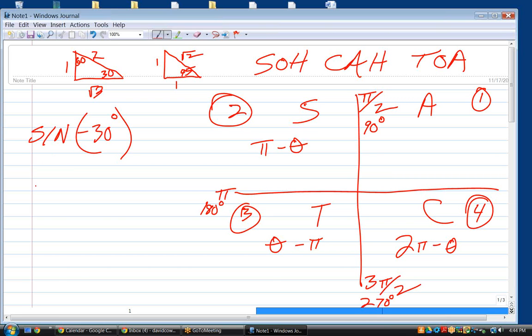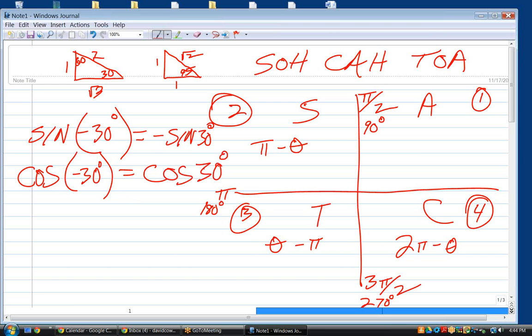And that is the sine of a negative angle is the same as negative sine of the positive angle. Whereas the cosine of a negative angle, because cosine is an even function, that's equal to the regular cosine of that same angle.